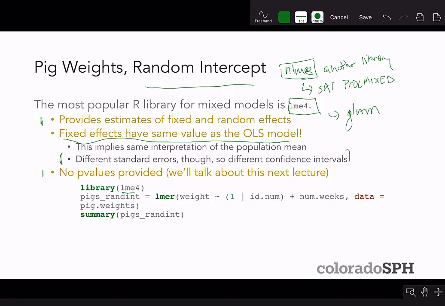So this code chunk here is for running that random intercept model on the pigs data. So first I'm loading the lme4 library. The main function we're working with is this lmer function. Then you have your formula statement here.